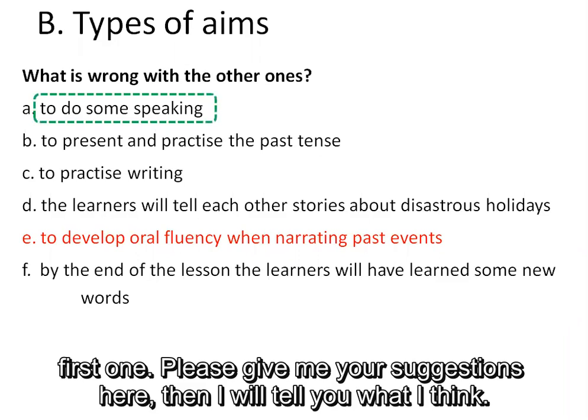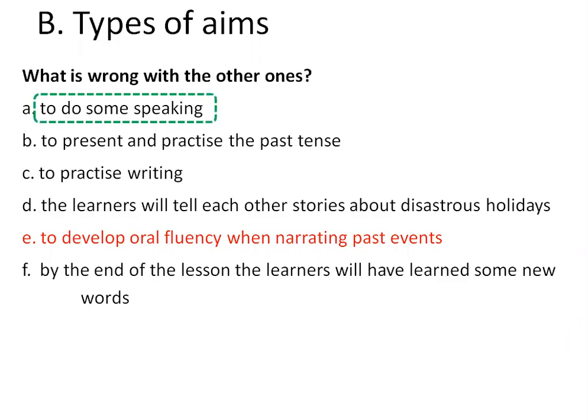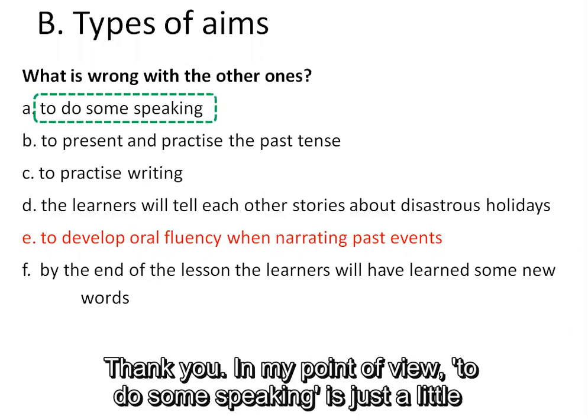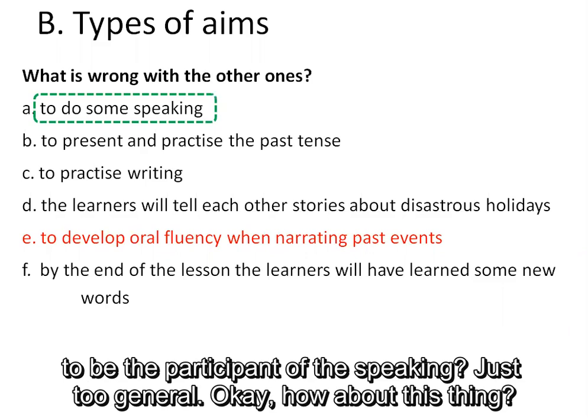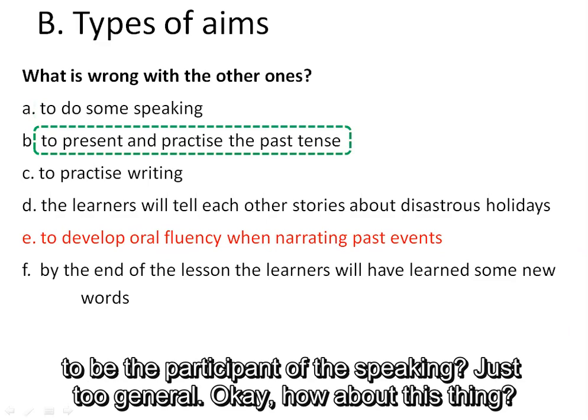Please give me your suggestions, then I will tell you what I think. Well, in my point of view, to do some speaking is a little bit too vague: what sort of speaking, in what circumstances, who's going to be the participant? Just too general. Okay, how about this one?